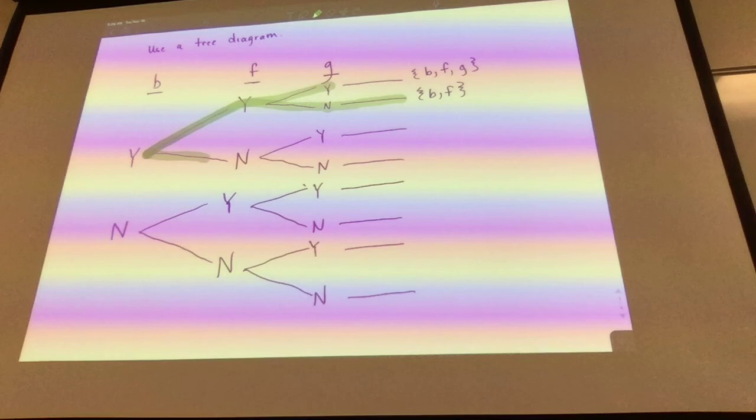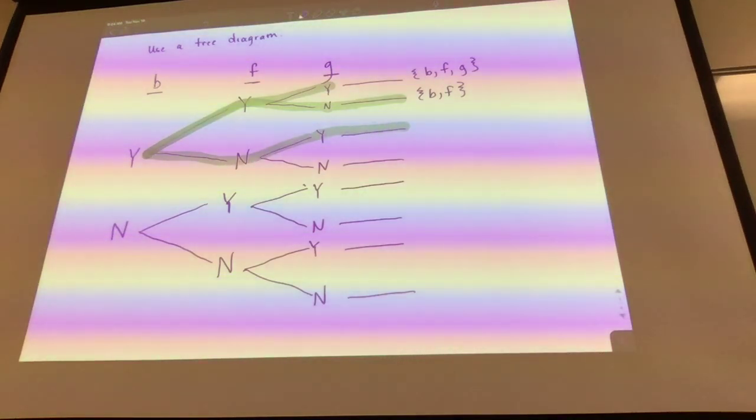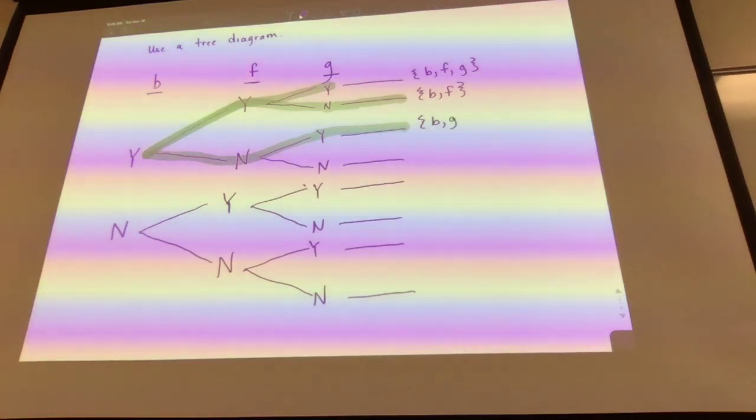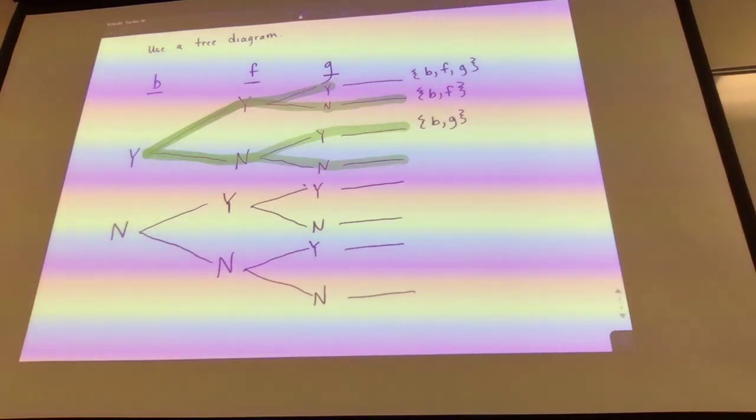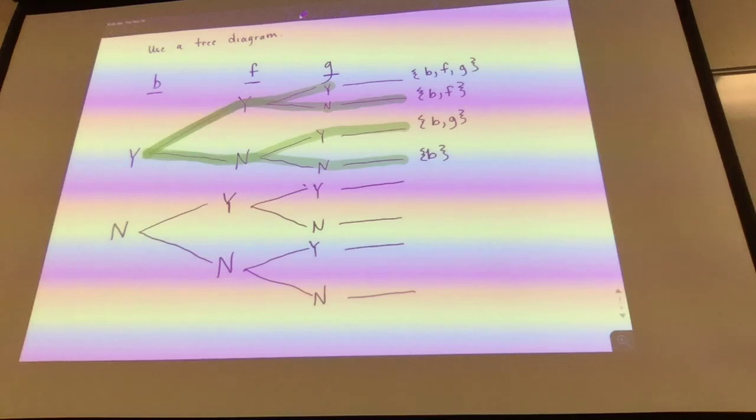Yes include B, no, yes. So here we would have B, not F, but G. Yes, no, no. So yes, B, nothing else.